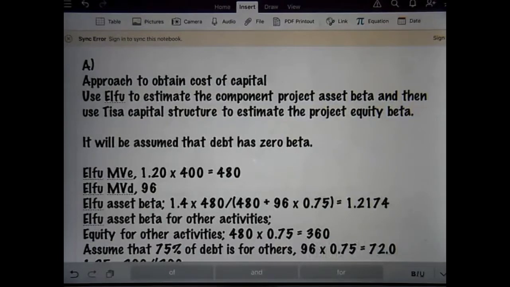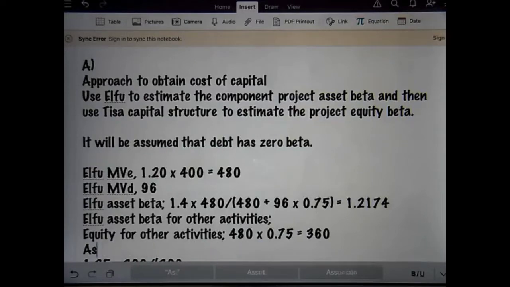Did you get it? Oh, sorry, 80%. It's already 80%, right? I don't need to assume, it's given already. Debt for other activity was 96 times 80%. Okay? Follow, don't follow?